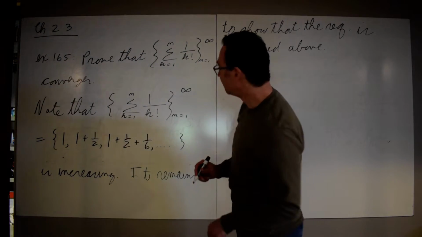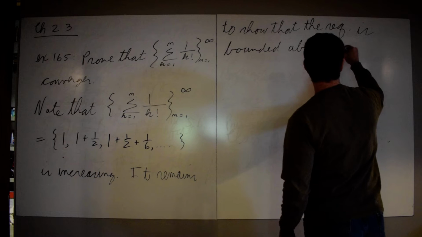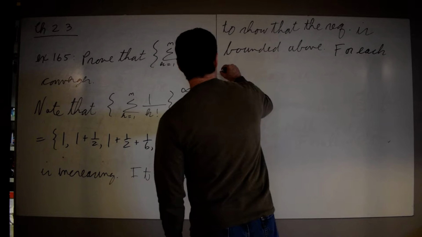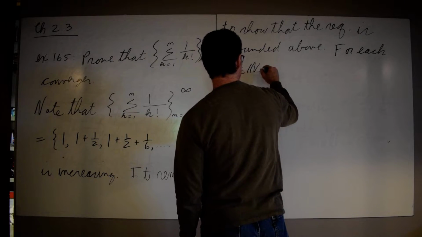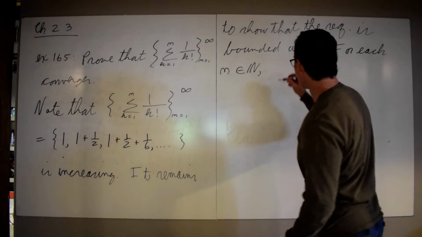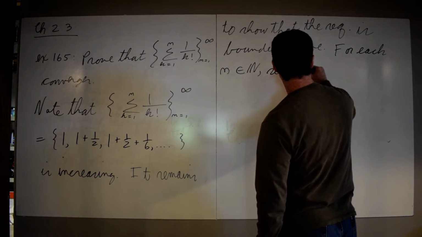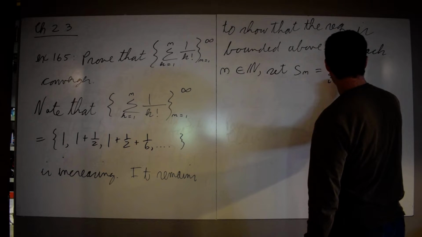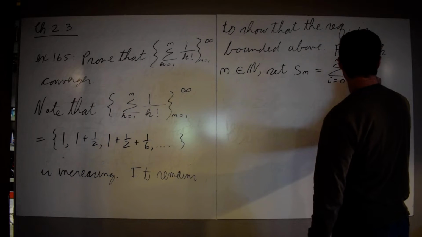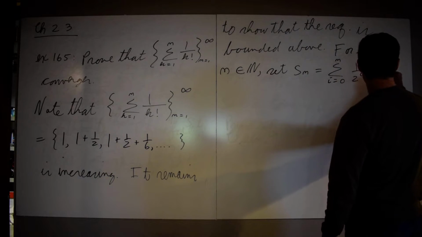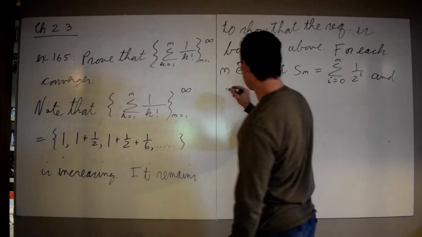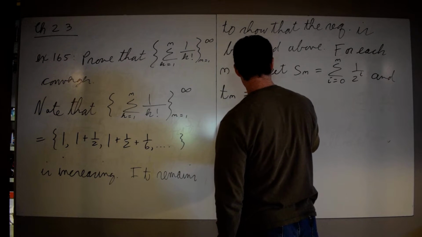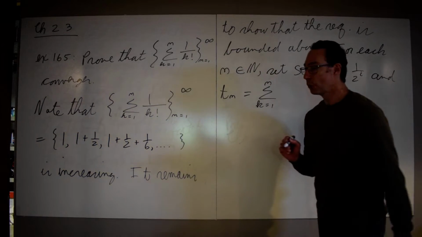Okay, so for each natural number n, let's set S sub n to be the sum i equals 0 to n of 1 over 2 to the i, and T sub n just going to be the terms of our sequence.